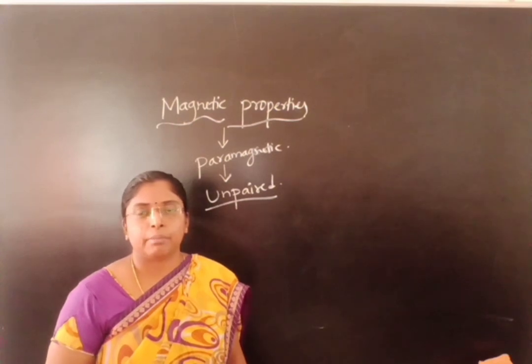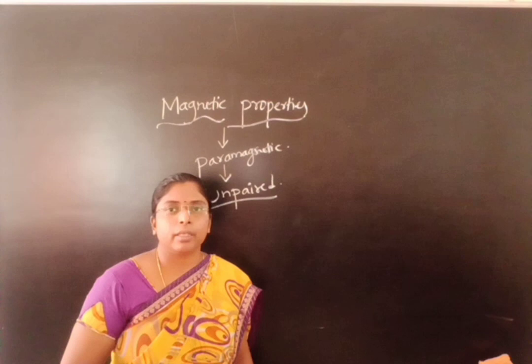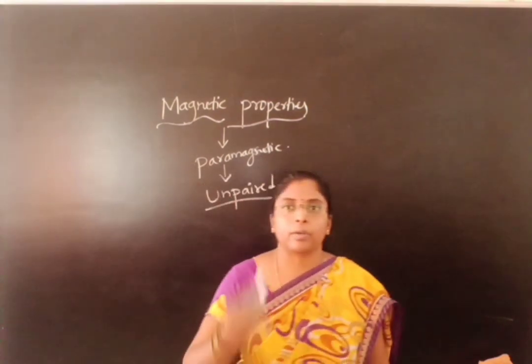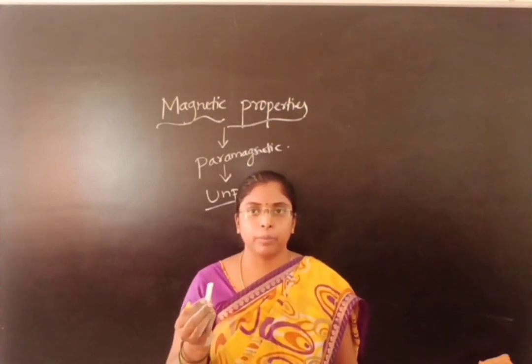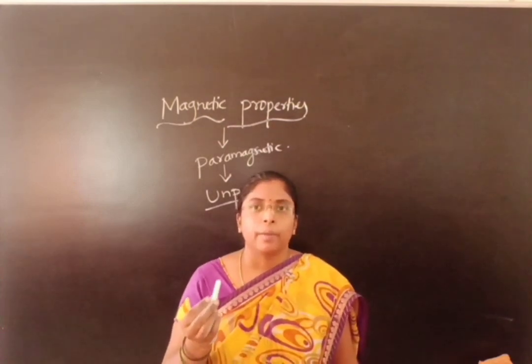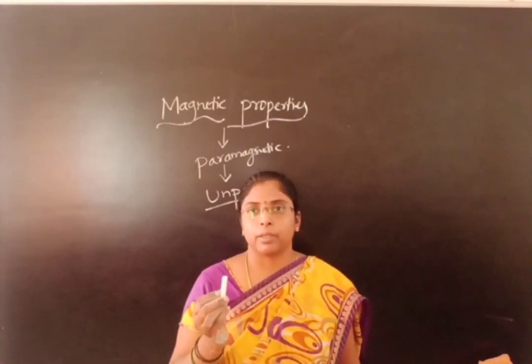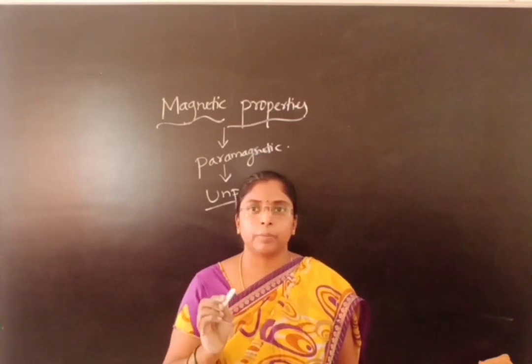Its magnetic property is measured by using the magnetic moment. For an unpaired electron, two types of magnetic moment are there: one is the orbital magnetic moment and another is the spin magnetic moment.